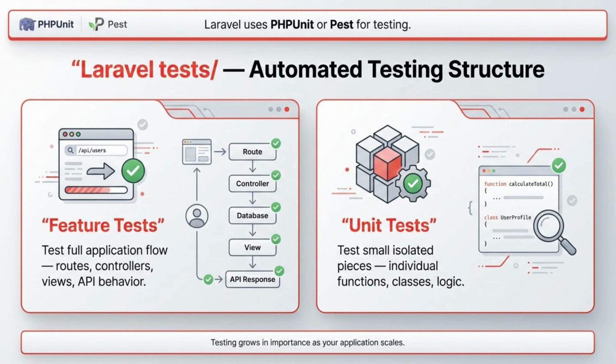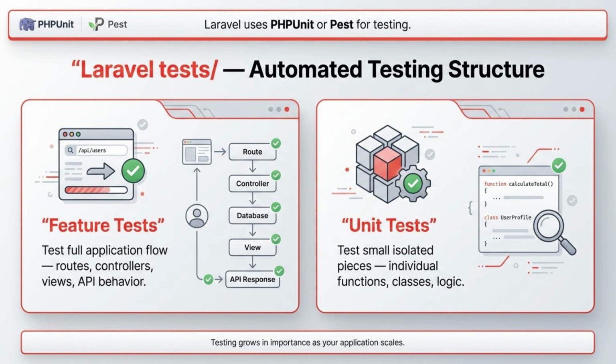Unit tests, on the other hand, focus on much smaller, isolated pieces of logic. Instead of testing how multiple parts work together, unit tests check individual functions, methods, and classes in complete isolation. These tests are incredibly useful for validating calculations, utilities, or small chunks of business logic without worrying about the rest of the system.